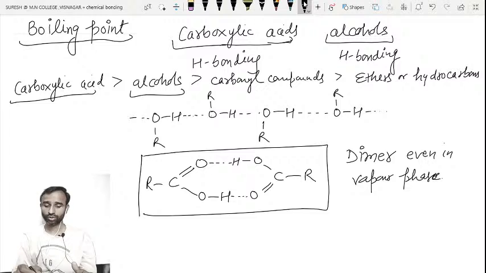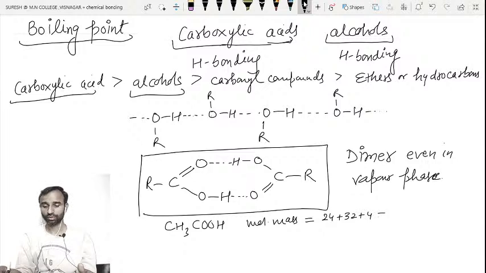Like ethanoic acid. What is its molecular mass? Its molecular mass comes out to be 24 plus 32 plus 4, which is 60.